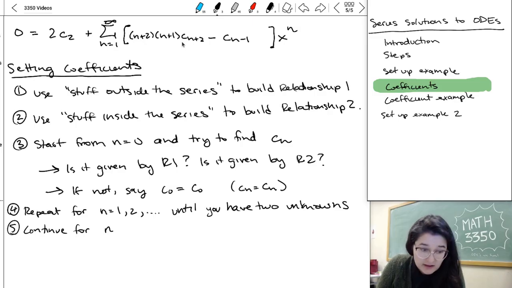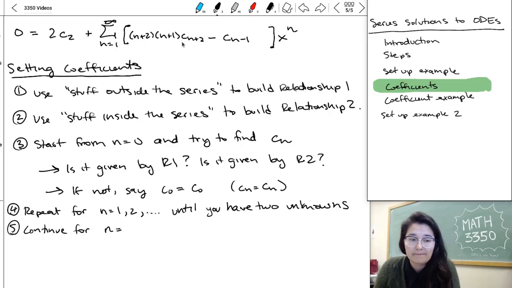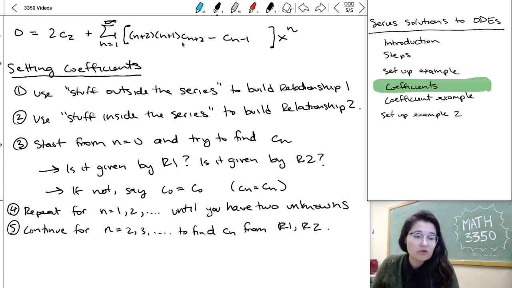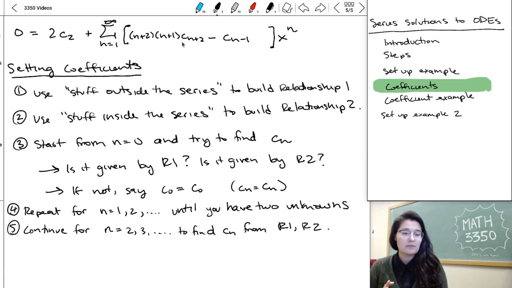So we're going to continue for n equal, at minimum, it might be from 2, so on and so forth. And we're going to try to find them from R1, R2.